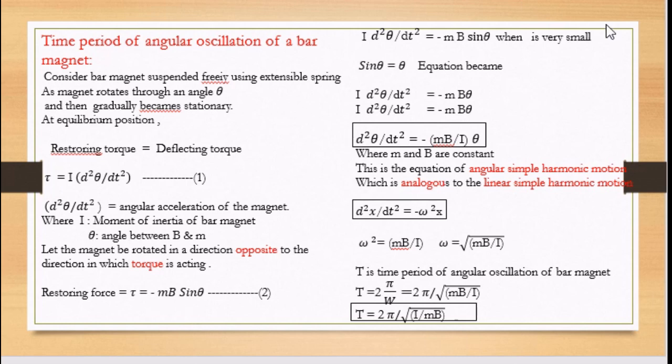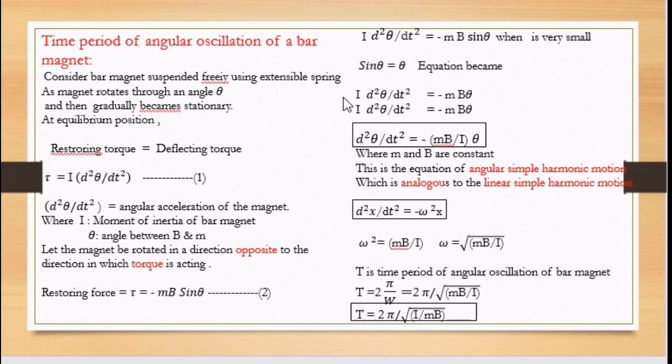When we equate the right hand sides of equations 1 and 2, it becomes I into d square theta upon dt square equal to minus mB sin theta. When theta is very small, sin theta becomes theta, and the equation becomes I into d square theta upon dt square equal to minus mB theta.